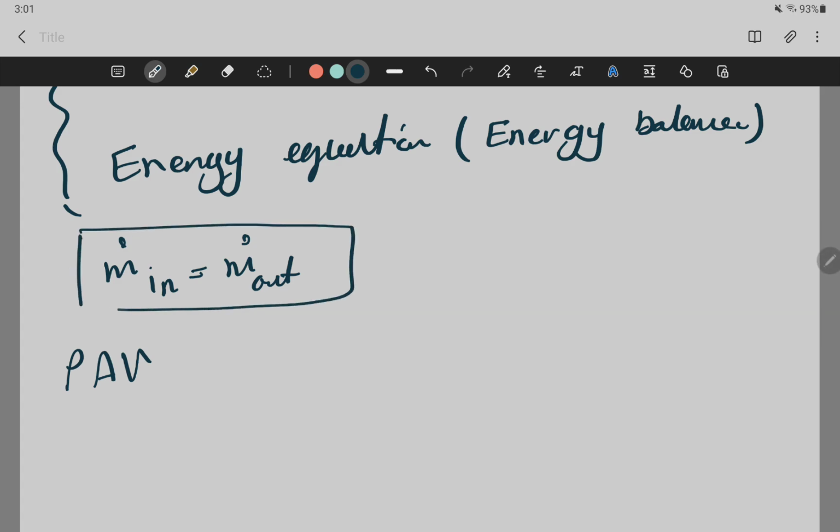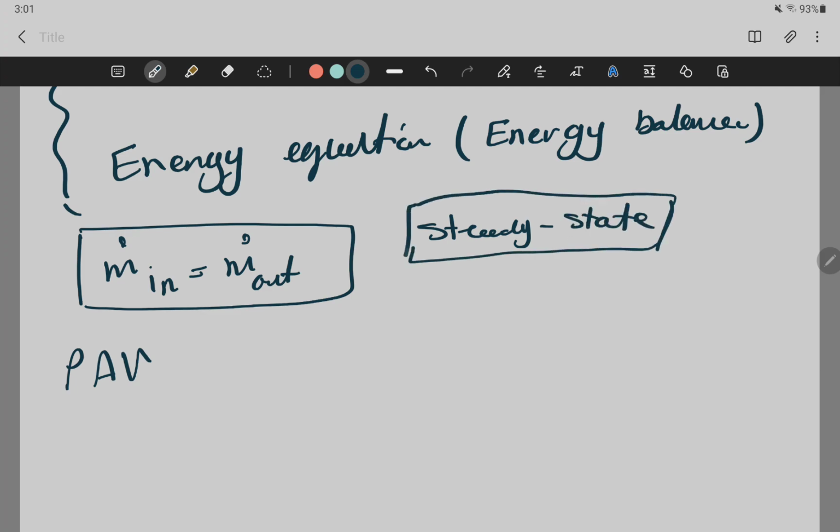Just keep in mind that we are finding these equations for a steady state condition. So there are no transient changes, no change with respect to time. If there was a change with respect to time, your equations would have been a little more complicated. You should have included dm/dt as well, which would be equal to m dot in minus m dot out.